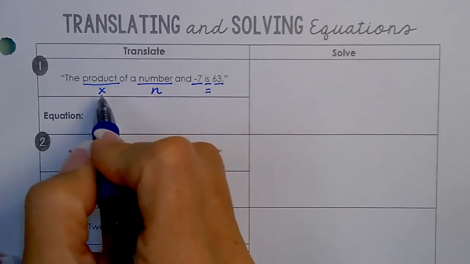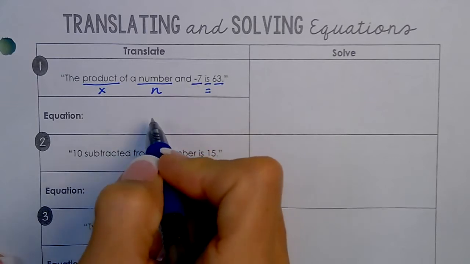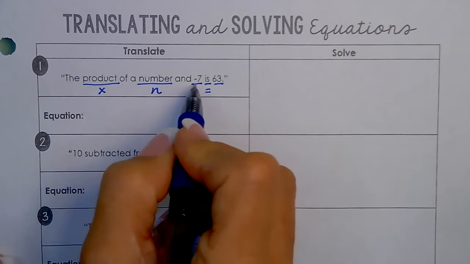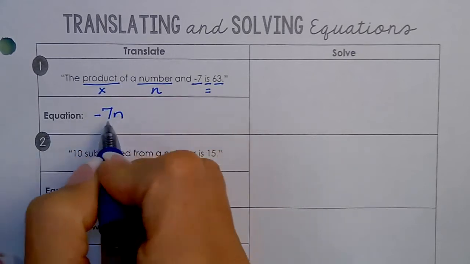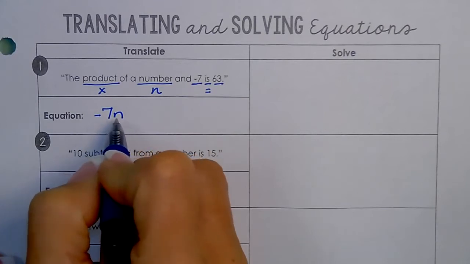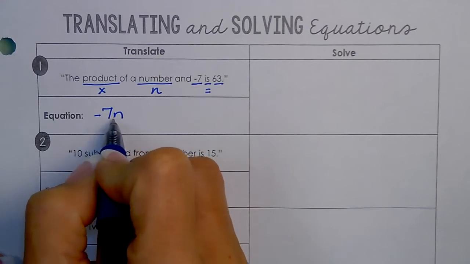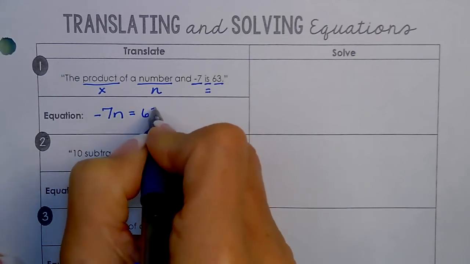So if I want to multiply these together algebraically, I write -7n. And that's the same thing as multiplying -7 times n. So now we have the product of a number and -7 is 63.